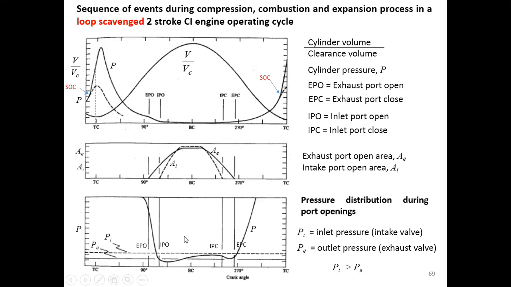In this diagram, you will see that they have two other pressures. This is the inlet pressure. The inlet pressure is the pressure of the charge, or the fuel that it carries with it, to go into the chambers.